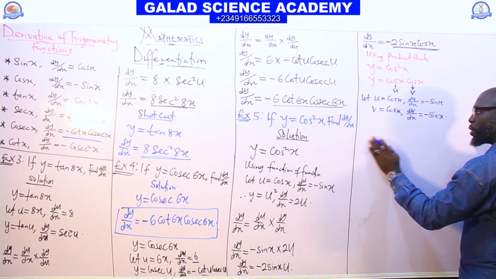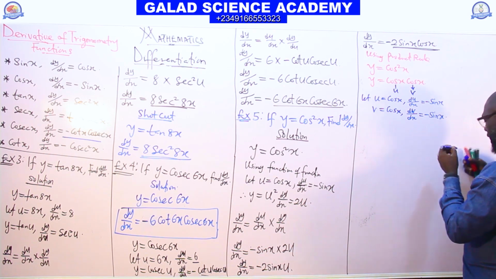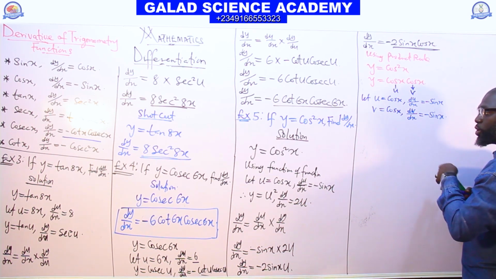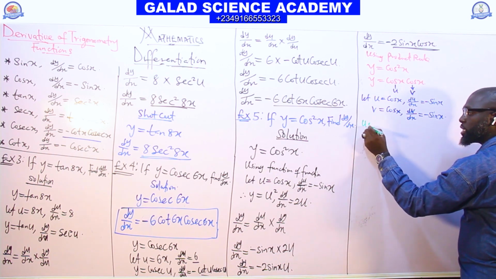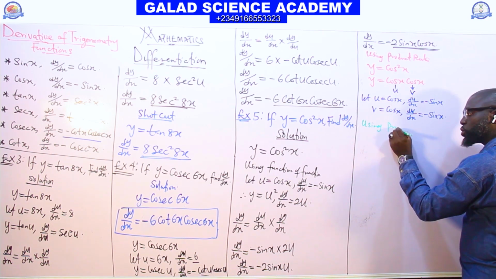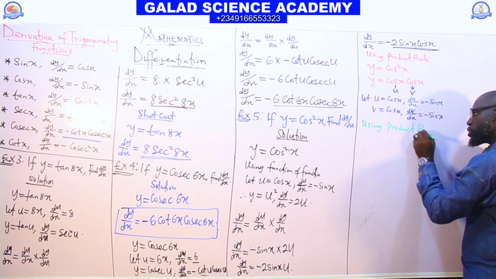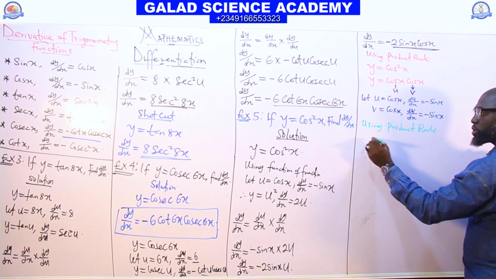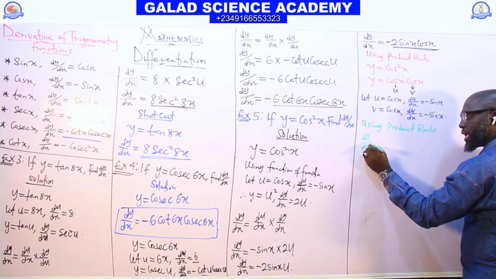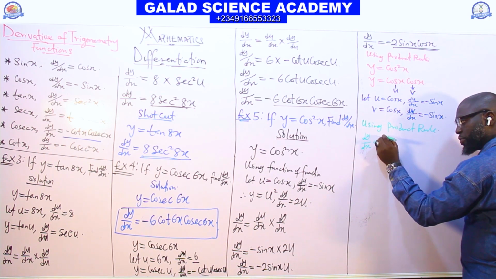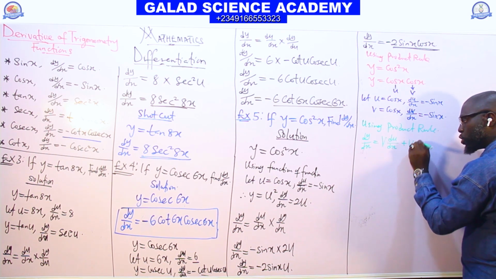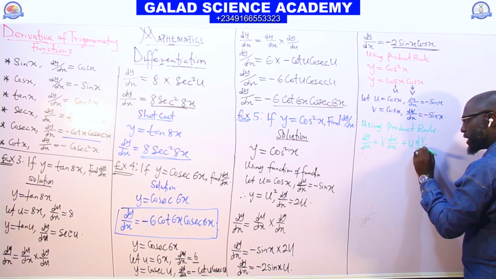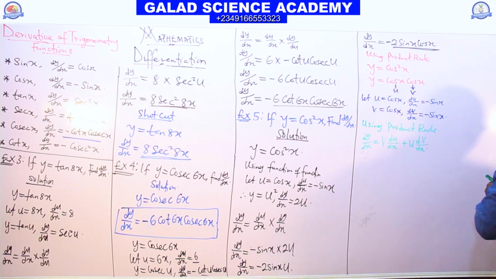What is the formula for the product rule? The product rule says dy/dx equals v du/dx plus u dv/dx. This is the product rule.